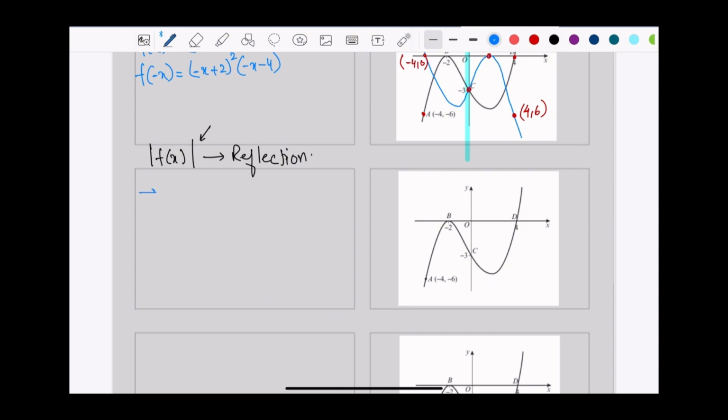That reflection is going to be in the line y equals 0, the x-axis, but it is only limited to the negative of a function.